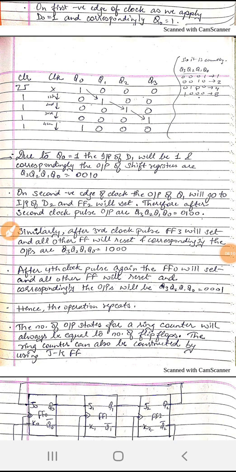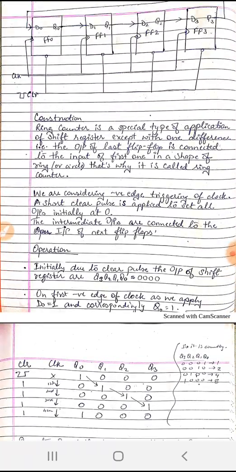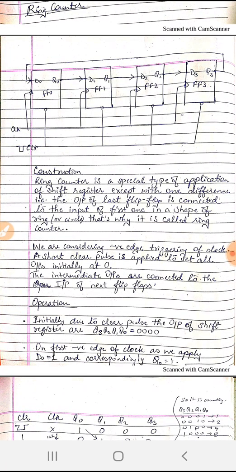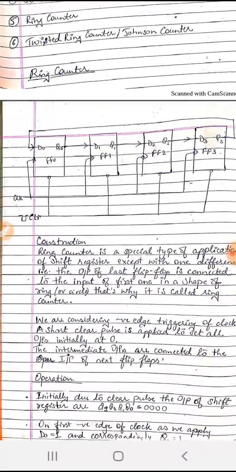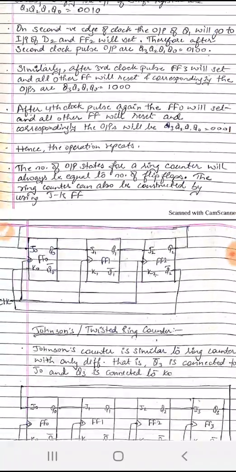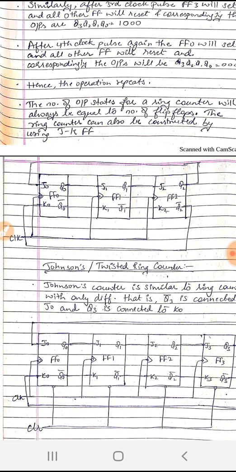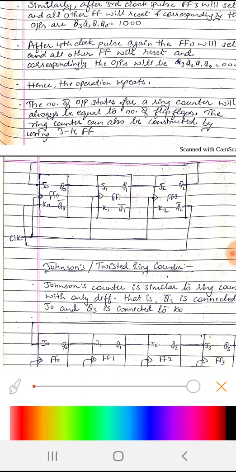So the number of output states for a ring counter will always be equal to the number of flip flops we are using to design the ring counter. The ring counter can also be constructed using JK flip flop. As we have seen, it is constructed using D flip flop, so we can also construct it using the JK flip flop, and this is how it will look.